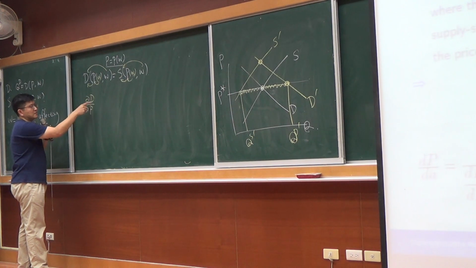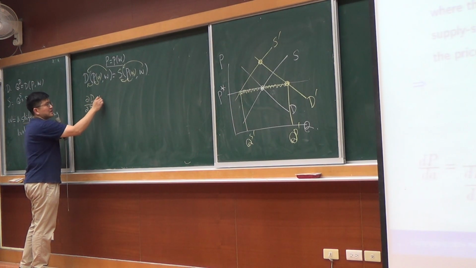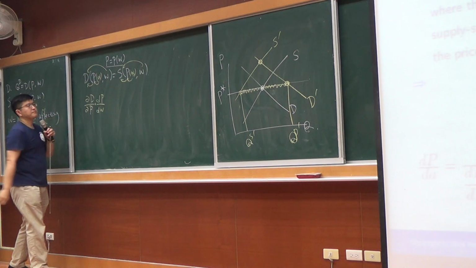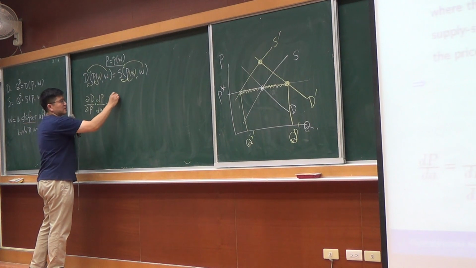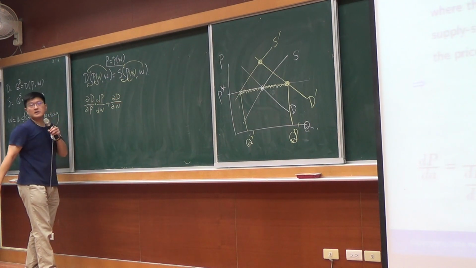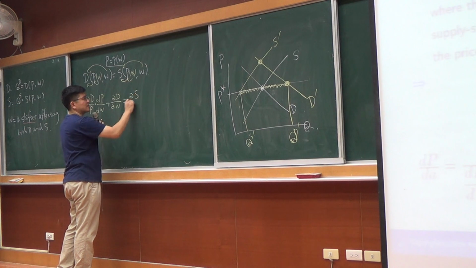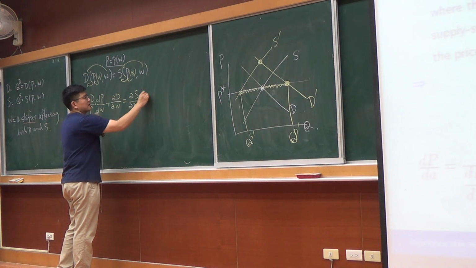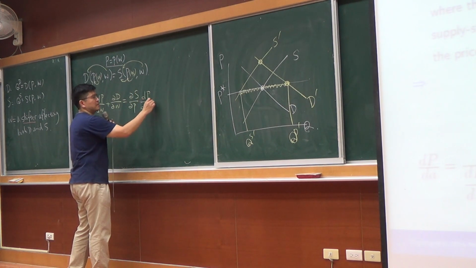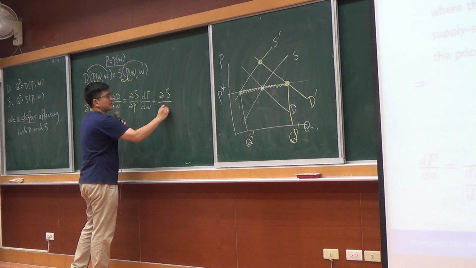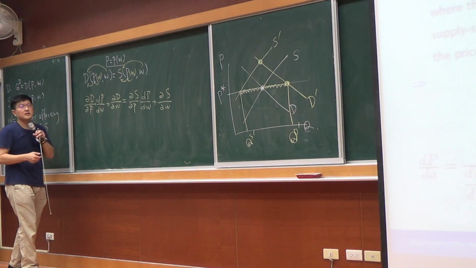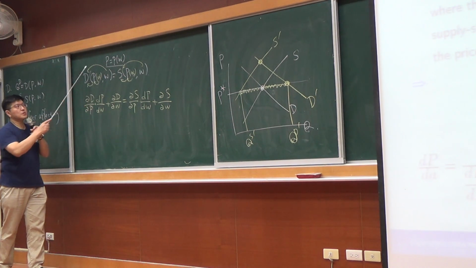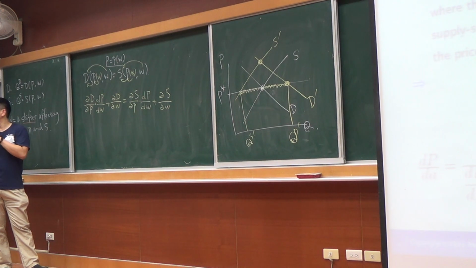So partial D, partial P, and chain rule, dP dW, plus the direct channel, partial D, partial W, equals partial S, partial P, dP dW, plus partial S, partial W. So this is the result of differentiating the whole equation with respect to W. Is that clear?